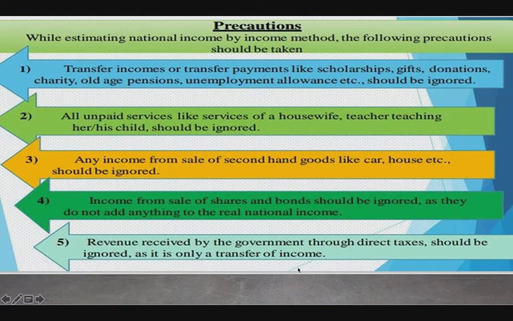Transfer income should be ignored, because only the value of production activity is considered in the national income. So direct taxes are also ignored while estimating national income by the income method. All these are the precautions that should be taken while estimating national income. This is the income method. Thank you.